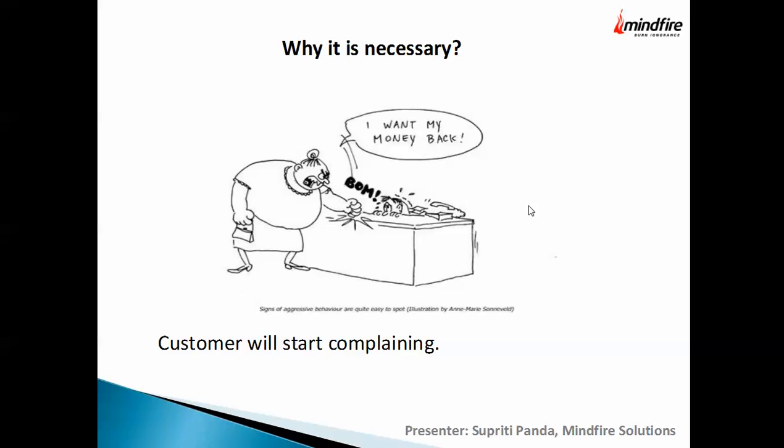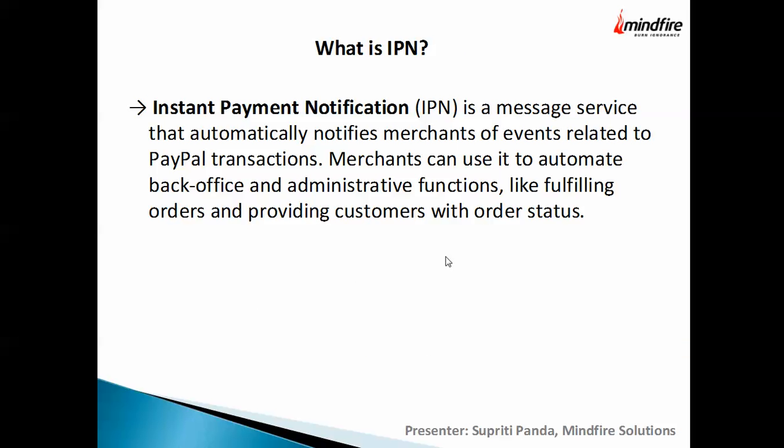So now he will go to the PayPal website and check his merchant account to see if this customer has paid something, right? This is very difficult to manage offline. So how will you manage it online? That is where the IPN concept starts. Okay, so let's see what the IPN is.